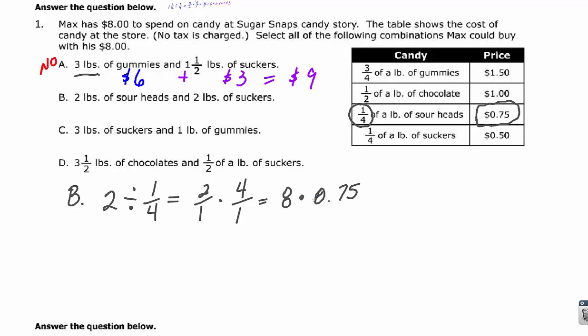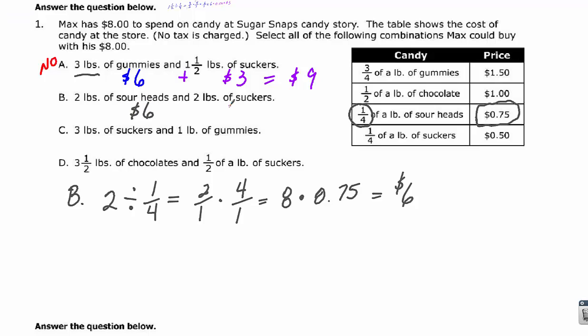And so 8 times, it's going to be $6. Sounds like we've spent most of our $8 already, doesn't it? Okay, let's try the second one. So we're spending $6 for sour heads.